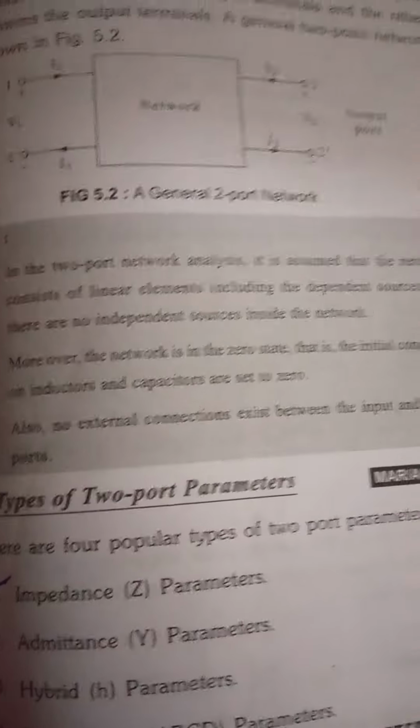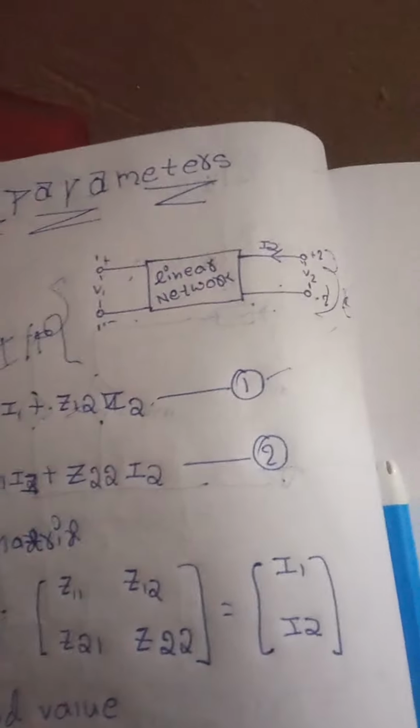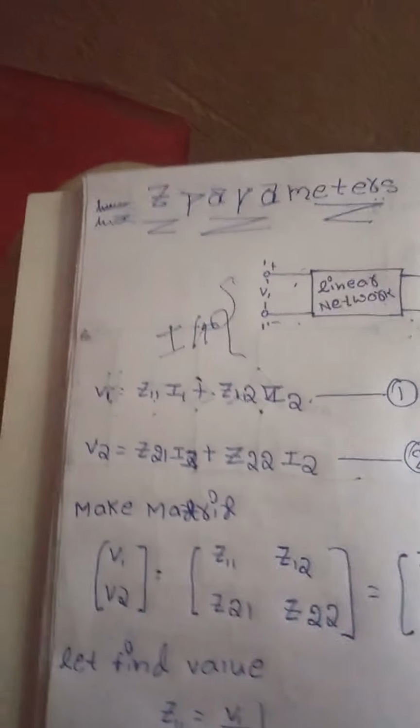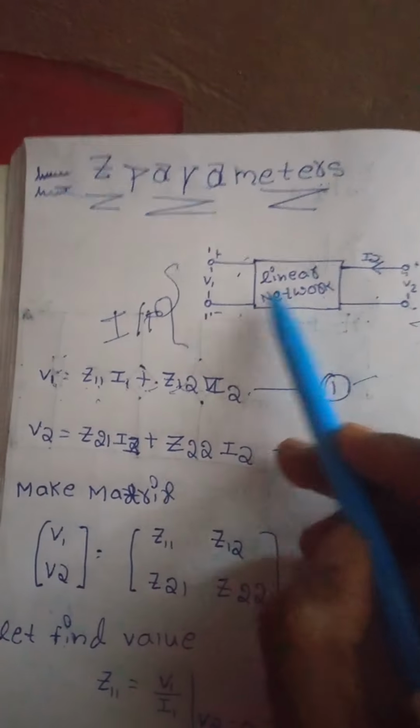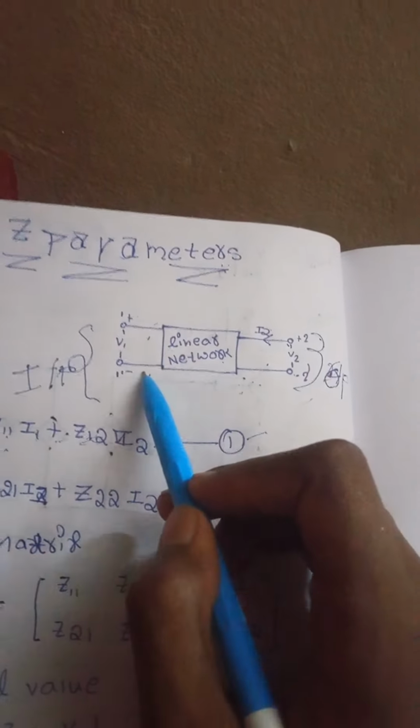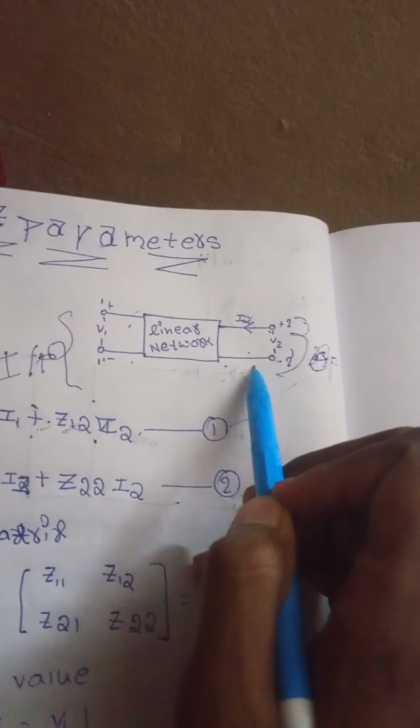Now let us discuss the impedance Z parameters. Here we have taken a two-port network. As per the definition, we have two pairs of input terminals and two pairs of output terminals. In the figure we see the first terminal of input and second terminal of input, and first terminal of output and second terminal of output.